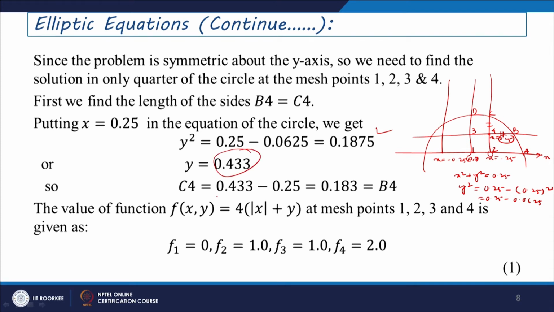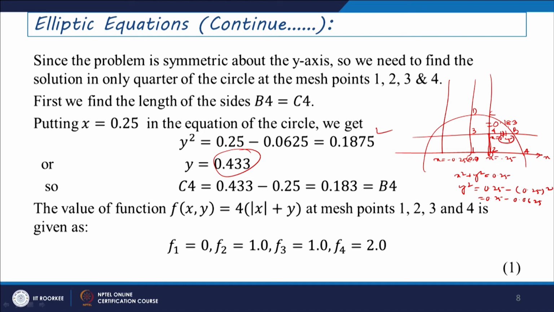So, if you define C4, this distance is 0.25 here. So, 0.433 minus 0.25, the remaining part is given as 0.183 here. So, this is nothing but B4 equals also 0.183.